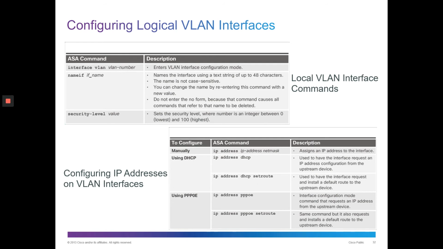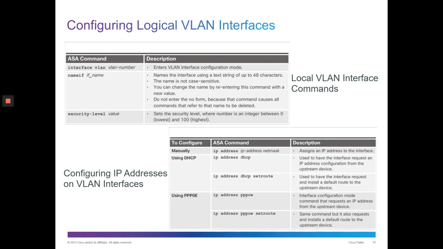Going on, we have local VLAN interface commands. You can again have your VLANs created on that one as well. So we have commands like interface VLAN number. Then you have something called nameif, which is name interface, and you have to specify the interface name over here. Again, you can set up the security level for the interface as well, from 0 to 100.